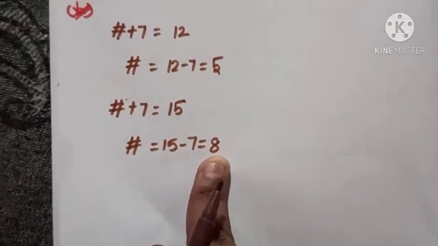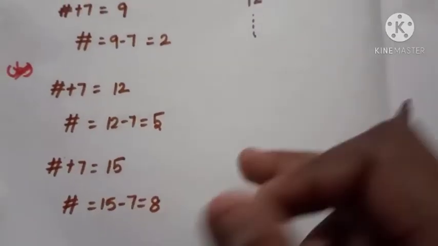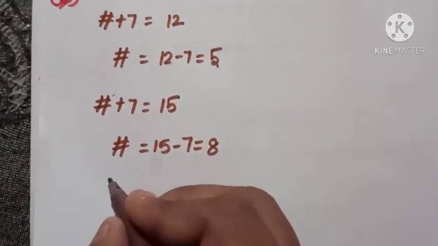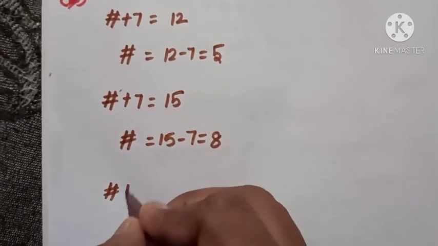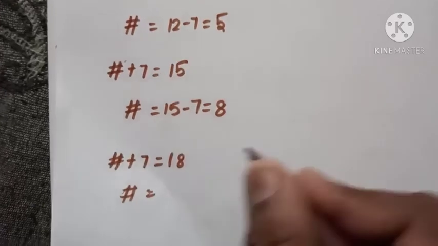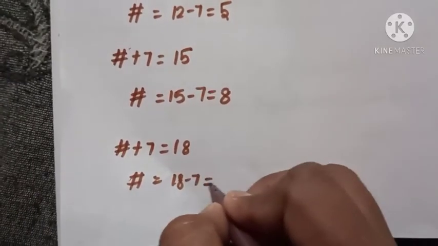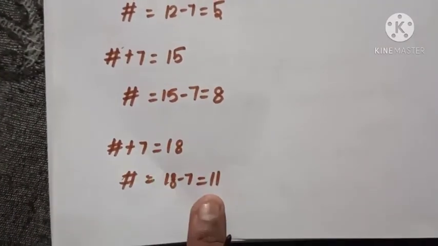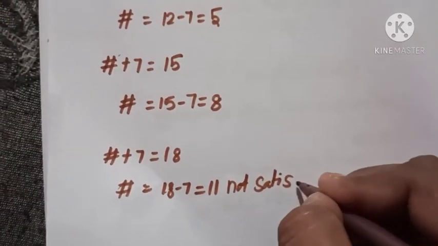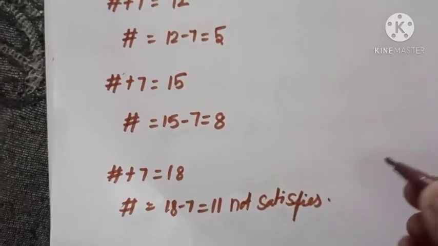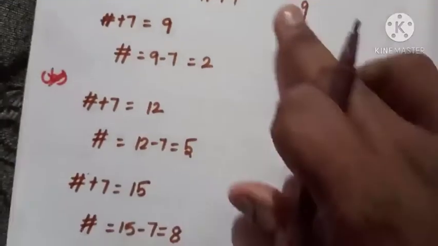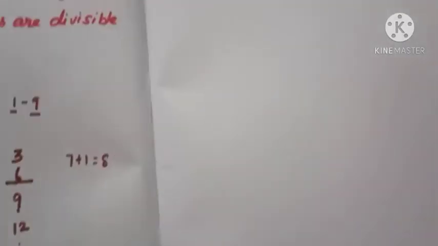And next, what do we get? 18. Ash plus 7 is equal to 18, so ash is 18 minus 7, which is 11. So 11 is a 2-digit number; it is not satisfied. Okay, so what are the possible digits? 2, 5, 8.